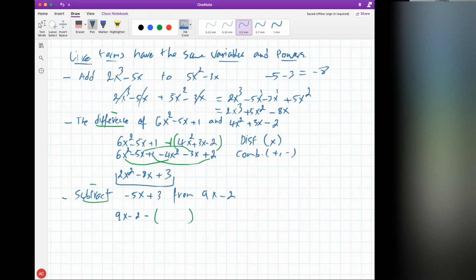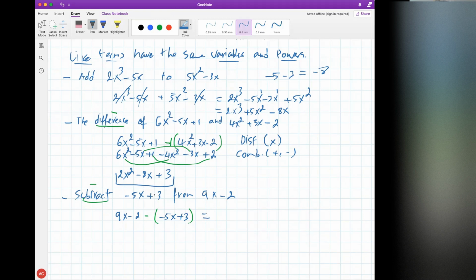Unlike here, when you said the difference of this and this, we keep the same order, this minus this. But if we say subtract from, the from goes first. So here we subtract this one, so we have negative 5x plus 3 in parentheses. And the rest should be simple, just like here.